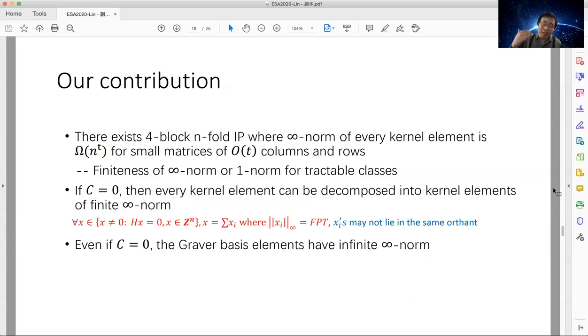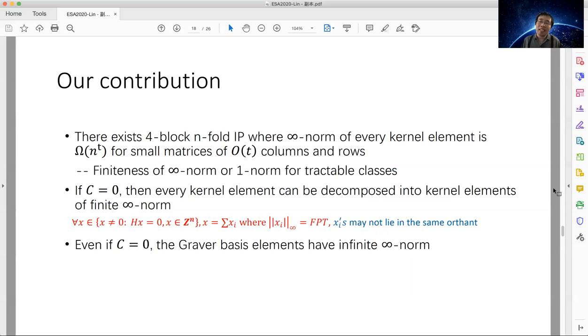So the problem with this decomposition is that these basis elements may lie in a different offset. Furthermore, if we restrict the decomposition to the same offset, which is captured by the so-called Graver basis, so if we require that we must decompose the kernel element into elements that lie in the same offset, then even if C is 0, it could still lead to unbounded infinity norm.